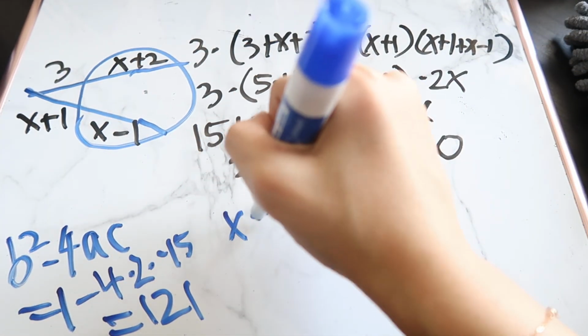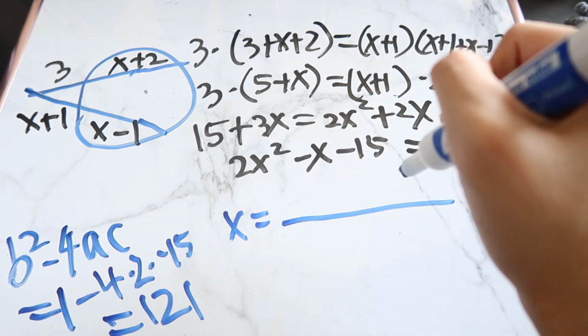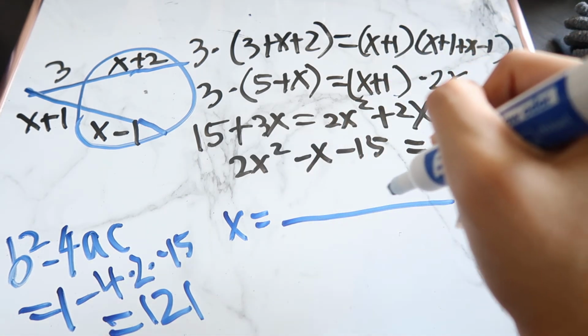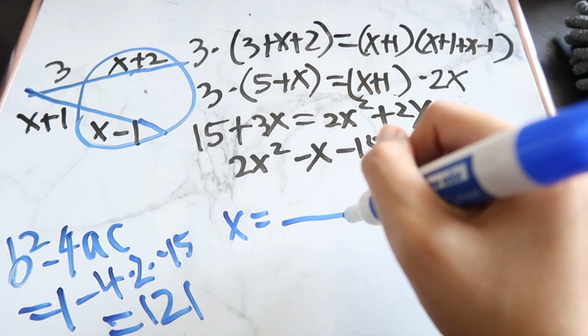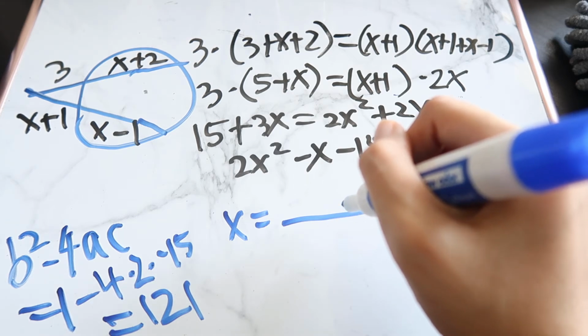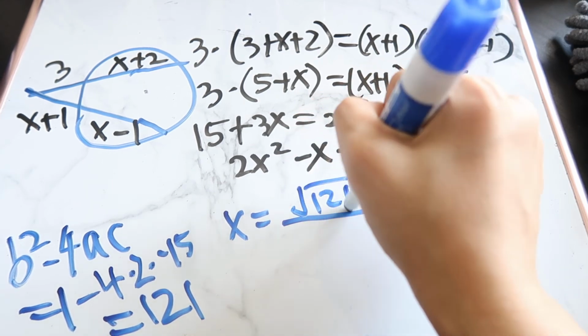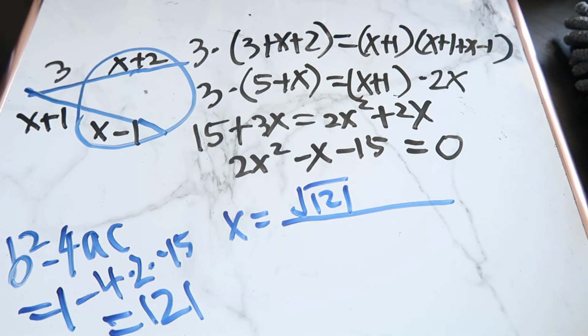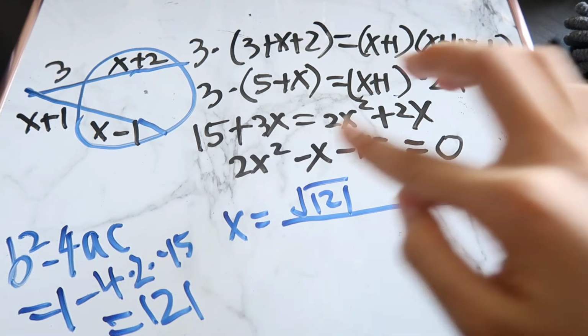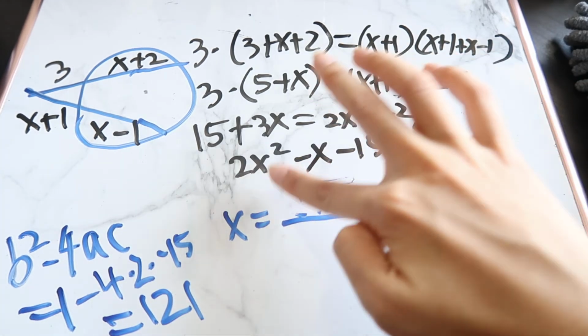And then your x equals to square root of 121. I feel like I'm not doing this right. I can't remember how to do this quadratic formula. Okay, I'm not doing this right.